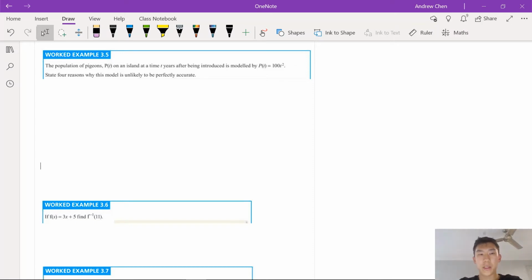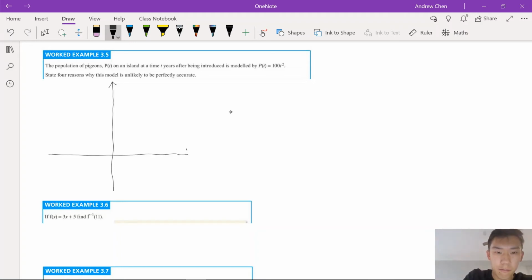Okay, so the first thing you should do here is sketch the function or draw it. Use a calculator if that's allowed, or if not, this is straightforward enough to sketch manually, so I'll just do that. So 100t squared is just a basic parabola. I have my t, and my y-axis is population at any point in time, so P of t. Now, the turning point is going to be at 0, 0.